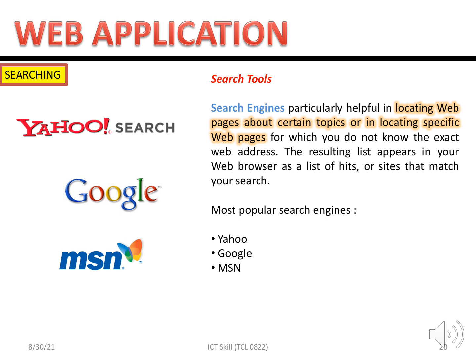Okay. So next is the category of web application which is more on search. Okay, this is also one of the important activities why the user has to use the internet. For example, as a student, you have to do assignments and you have to find a lot of information.